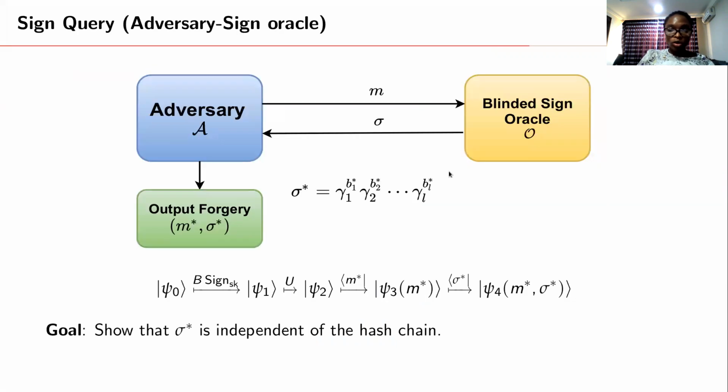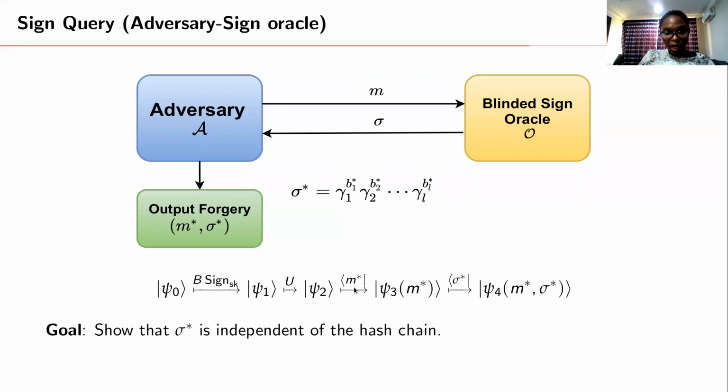In this case, we have seen he prepares a superposition of messages and supplies them to the blind sign oracle and gets back the signature, as you can see here. Mathematically, he prepares a state in superposition, supplies it to the blind sign oracle, gets the signature, and makes some computation to learn some information about the hash chain. Those computations can be viewed as applying some unitary to the state. And then you get this state.